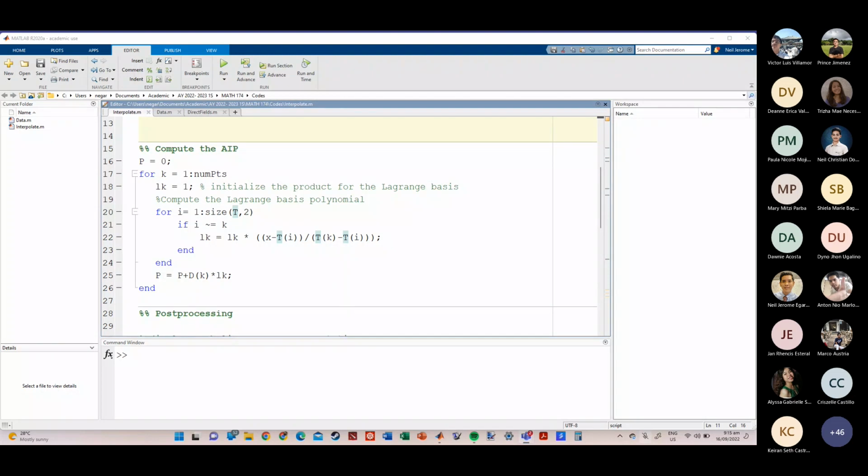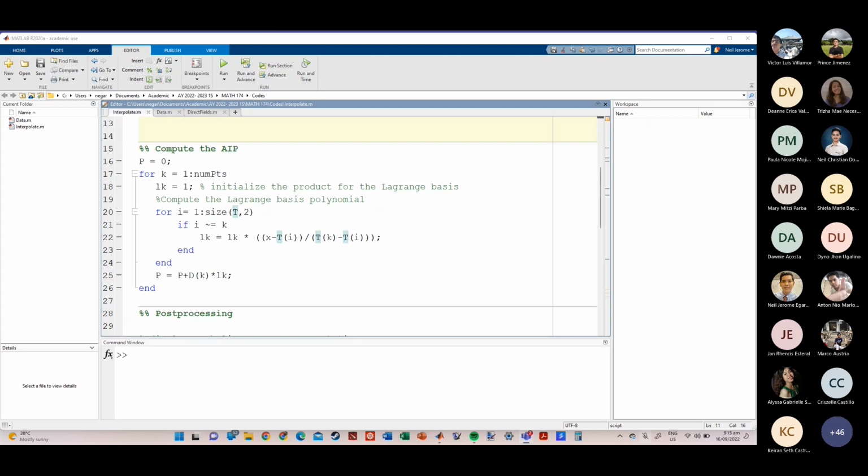So yung Lagrange basis polynomial naman ay isang product. And if I will write a product using a for loop, kailangan mag-initialize naman ako ng value na 1. Kasi nga paulit-ulit ako mag-multiply, so yung unang value dapat ni LK ay equal kay 1. Kasi nga product yung gagawin ko.